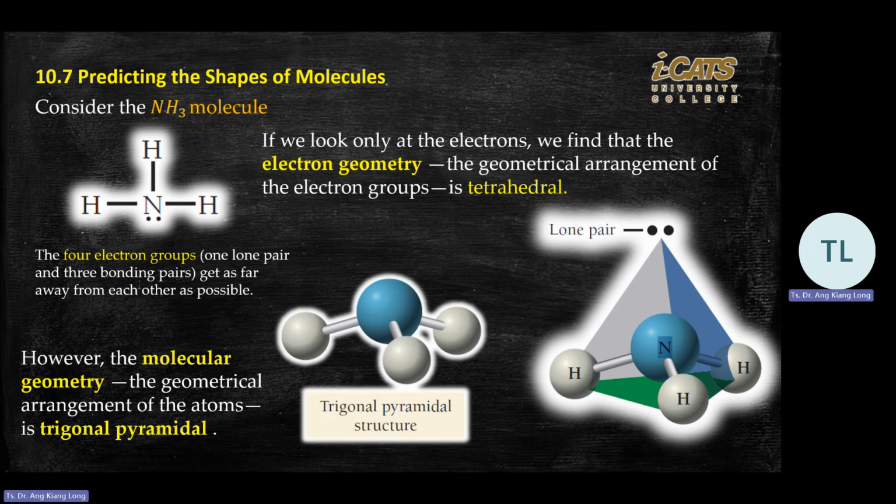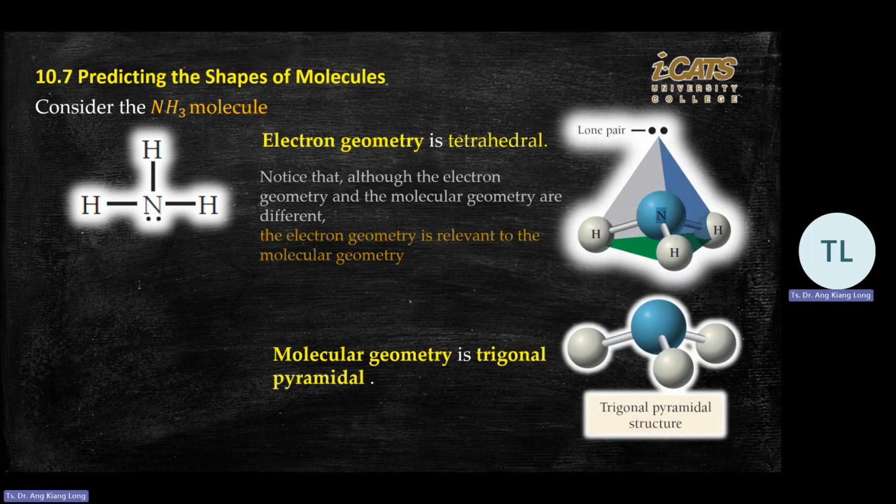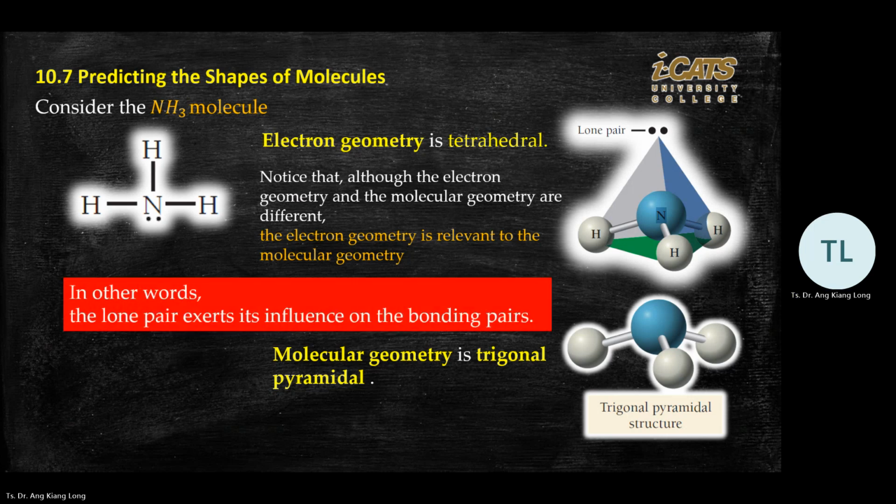So this is just how you find it. No complex thing here. It's just to highlight that a lone pair will influence the shape of the structures.